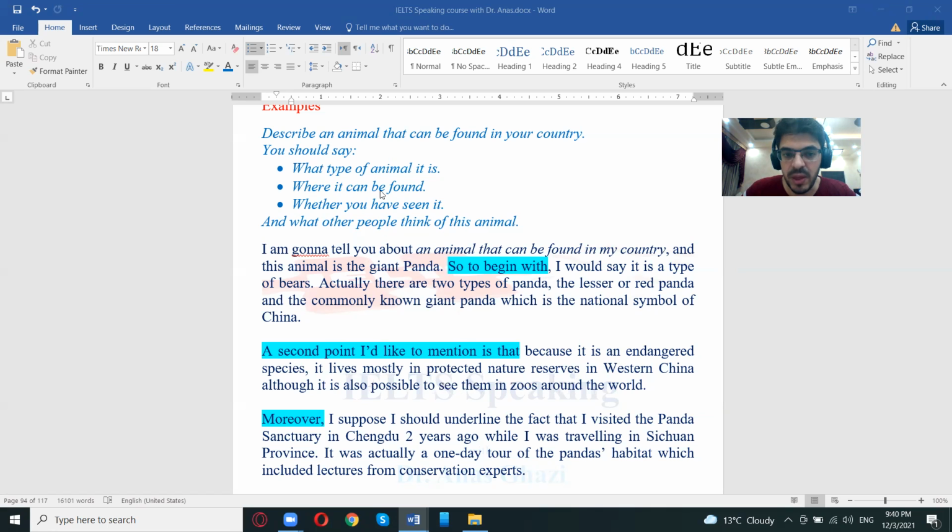Okay, I'm done with the location. Then, have you seen it or not. Moreover, I'm moving to the third point. I suppose I should underline the fact that I visited the panda sanctuary in Chengdu 2 years ago, while I was traveling in Sichuan province. It was actually a one-day tour of the panda's habitat, which included lectures from conservation experts.